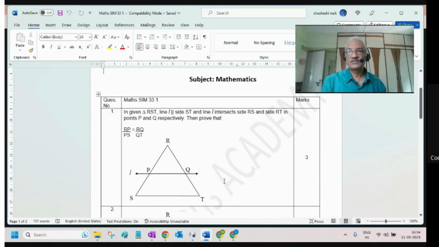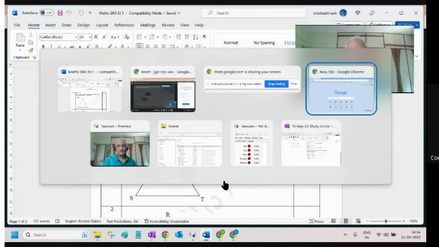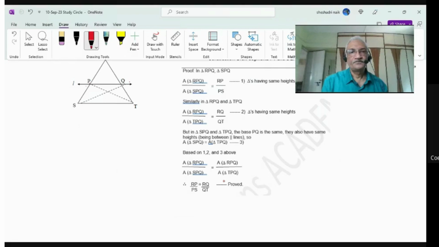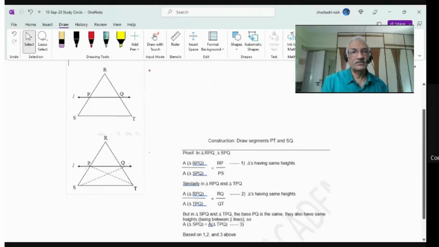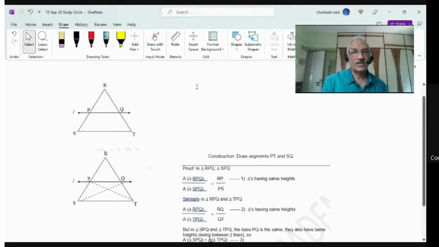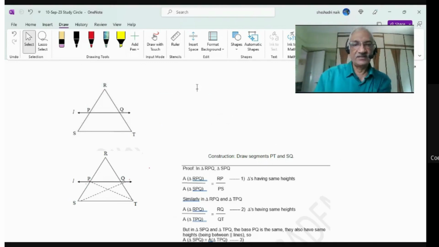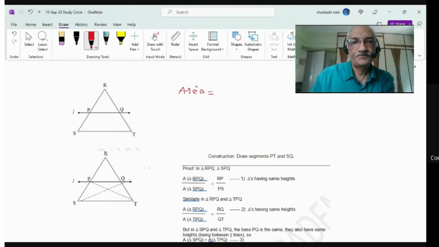To prove this, we are going to use two mathematical formulae, or theorems you can say. Let's see how it goes. The two theorems are as follows. One is that we all know that the area of a triangle is equal to 1/2 into B into H, the base and the height.